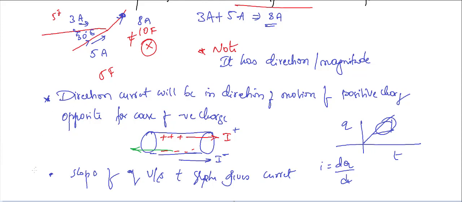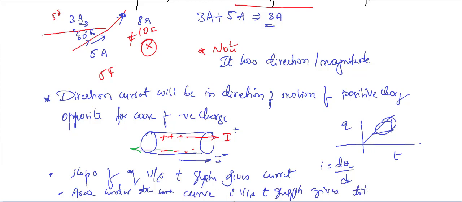Next, I have already told that the area under the curve of the I versus t graph gives the total charge. It gives the total charge. Let's go for some problems.